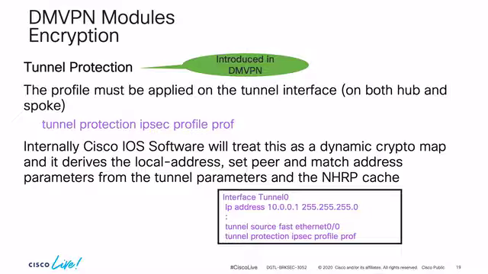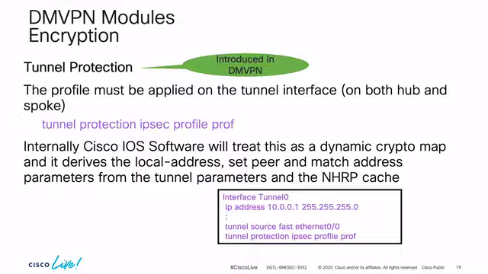Then you would have to configure crypto maps, because if you want to encrypt this GRE traffic, within a crypto map you would define what your peer address is, what your crypto ACL is, and different parameters.